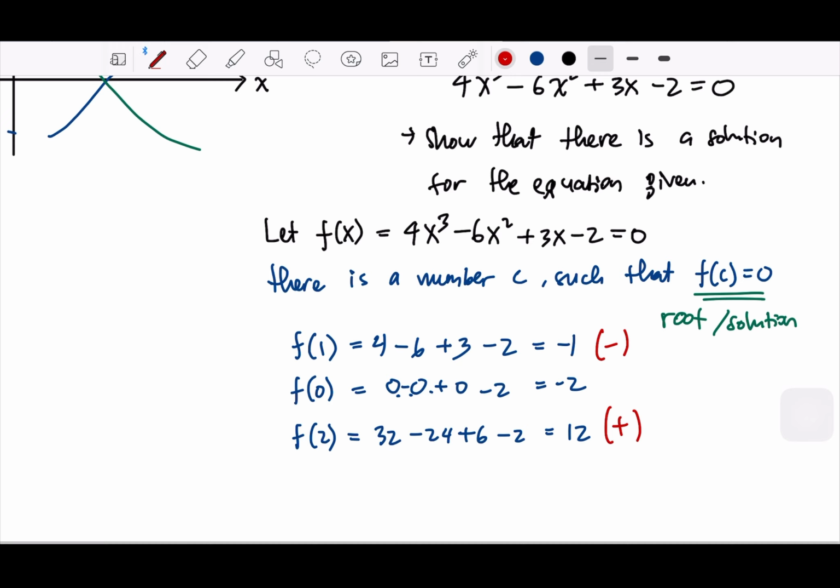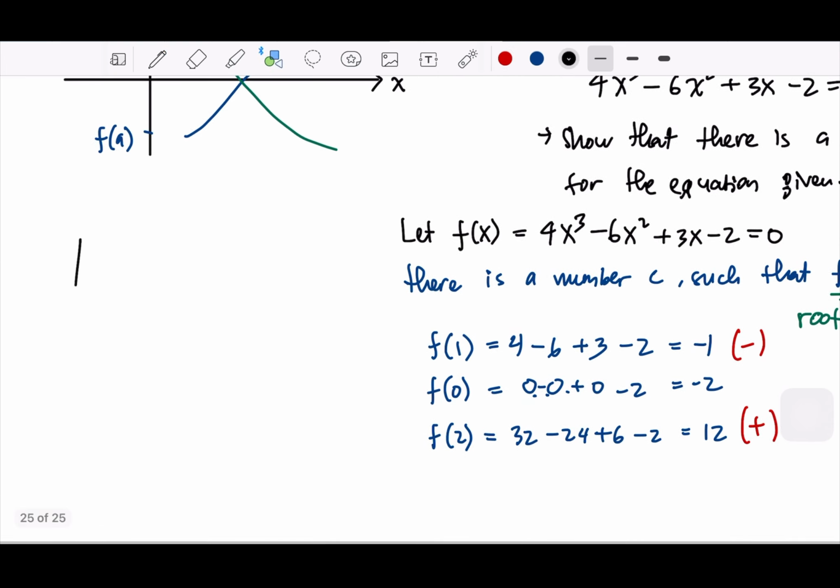So we don't really need to draw the curve to prove, okay? At least we know that from our computation, from our evaluations, let's say this is 0, maybe 1, and maybe 2 here. So when you have 1, this is negative 1, and we have 2, this is here.